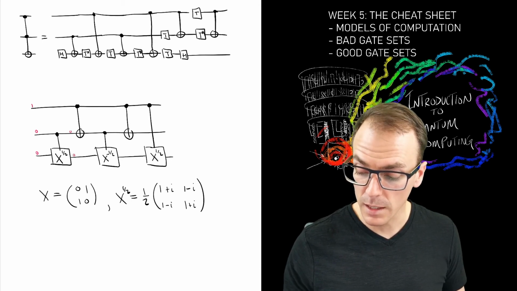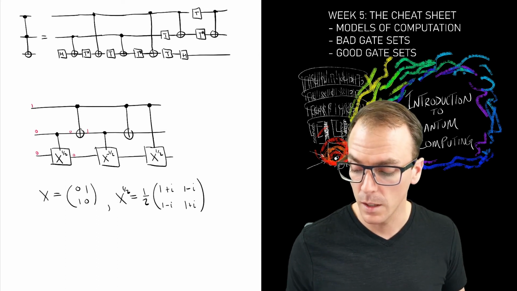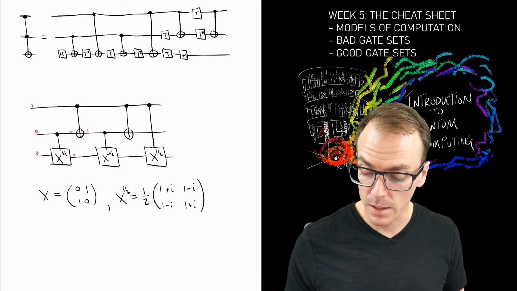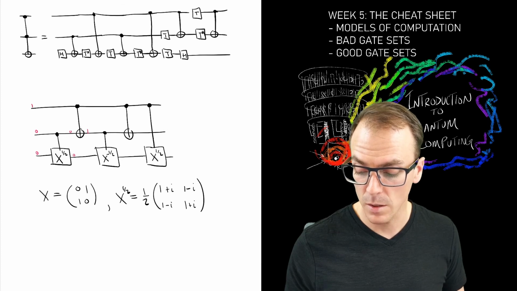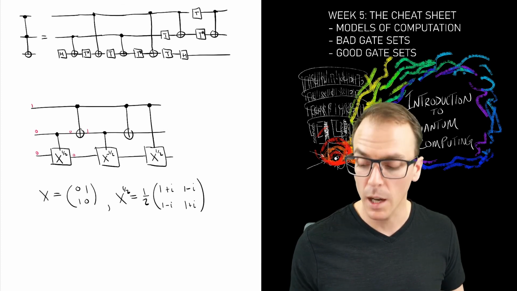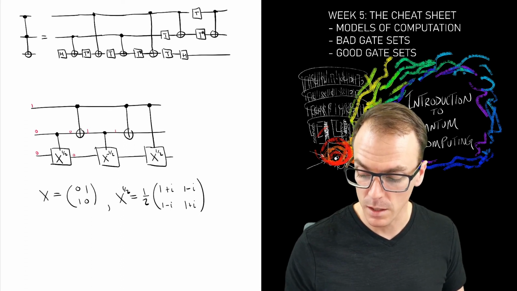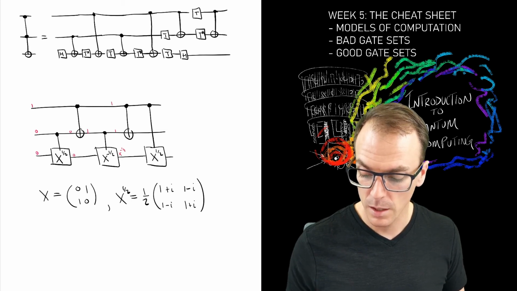But after the second gate, I have a C naught, so the control is in 1, so now that second qubit flips to 1, and when I get to this third gate, an x to the minus 1/2, an inverse of the square root of x gate, is being applied to the third qubit. So this is still in the 1 state, this is still in the 1 state, and now down here I have an x to the minus 1/2 being applied to 0.